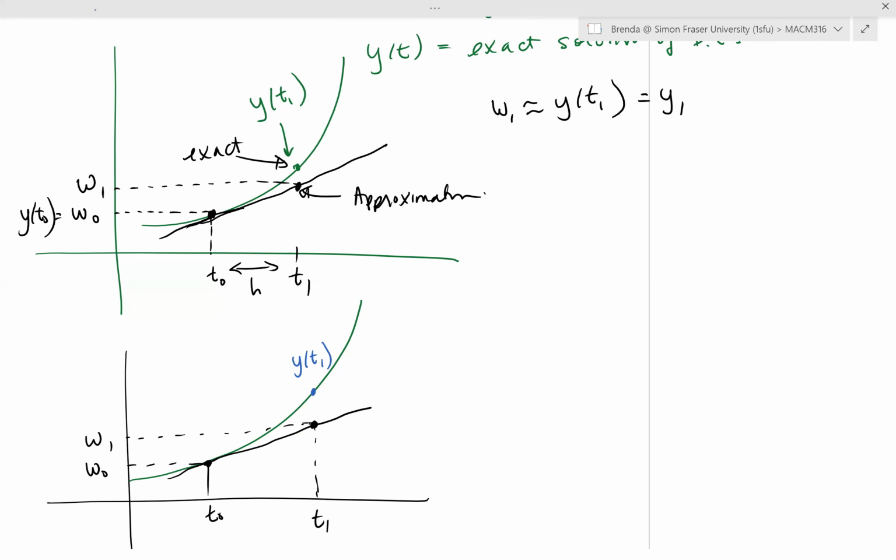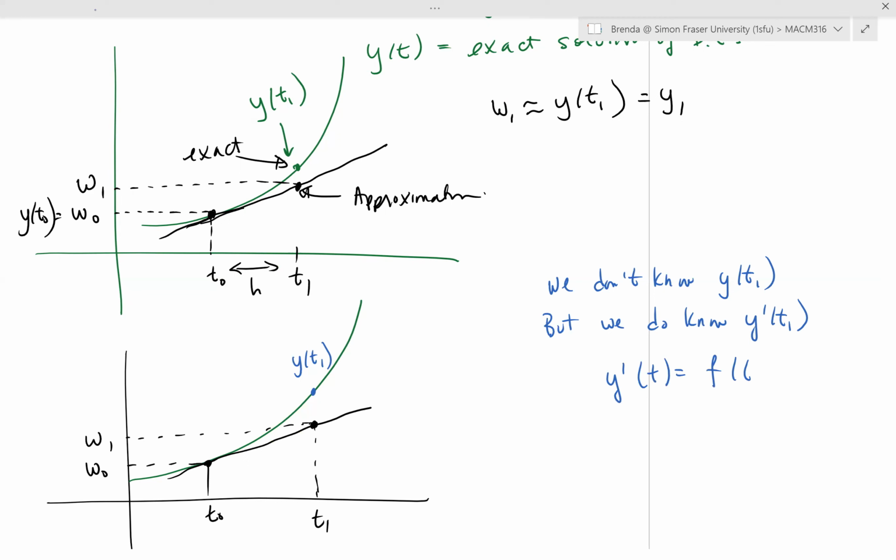We don't know y at T1, but we do know y prime at T1. How do we know that? Because we have the differential equation. y prime of t is some function of t and y. So we can calculate what y prime at T1 is.